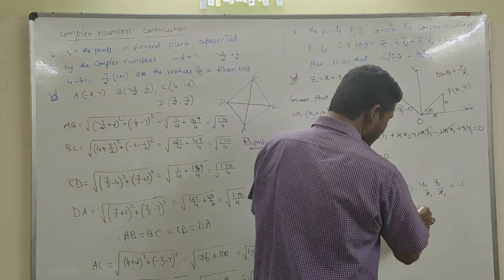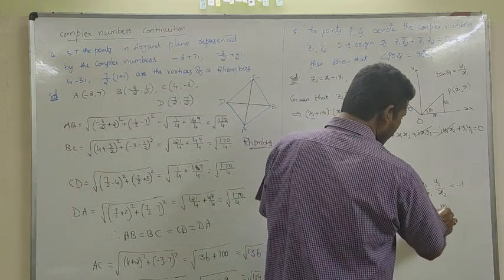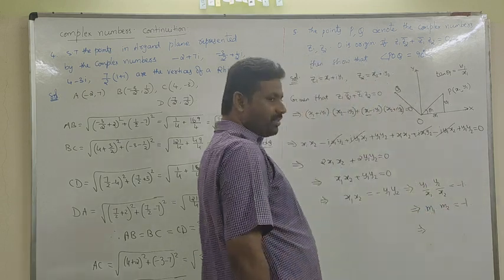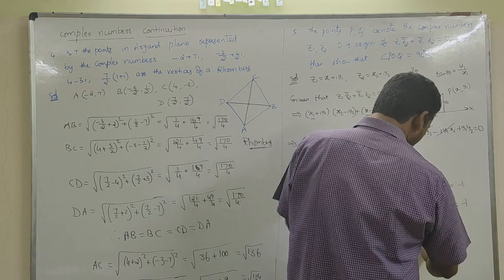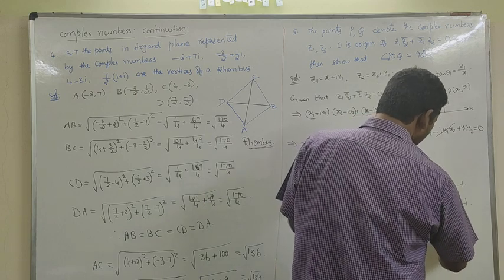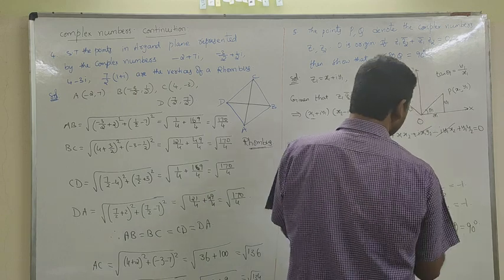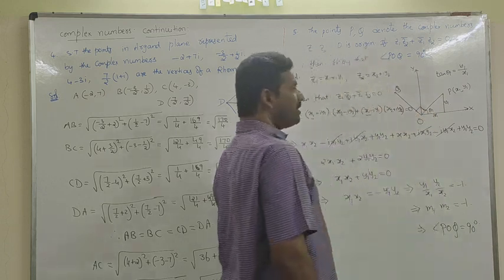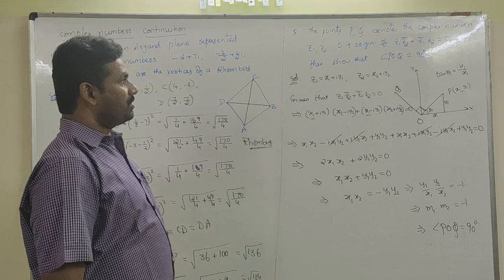That implies m1 times m2 equals -1. That means the angle between them is 90 degrees. Therefore angle POQ is equal to 90 degrees. Okay, this is the way we solve the problem.